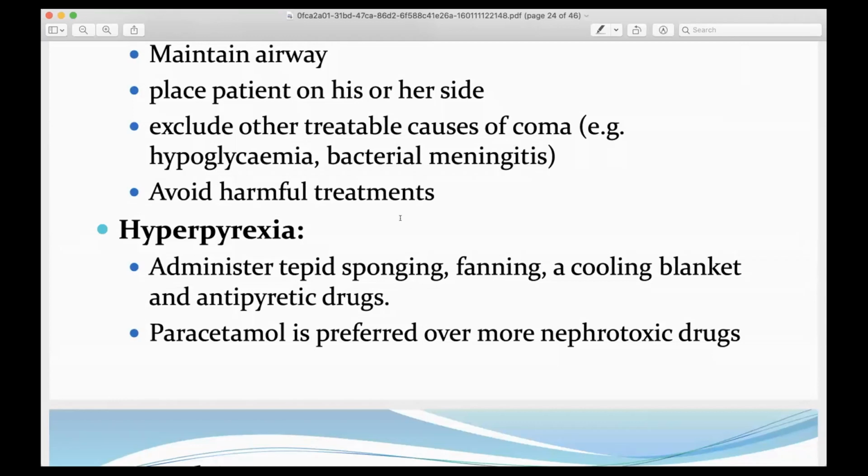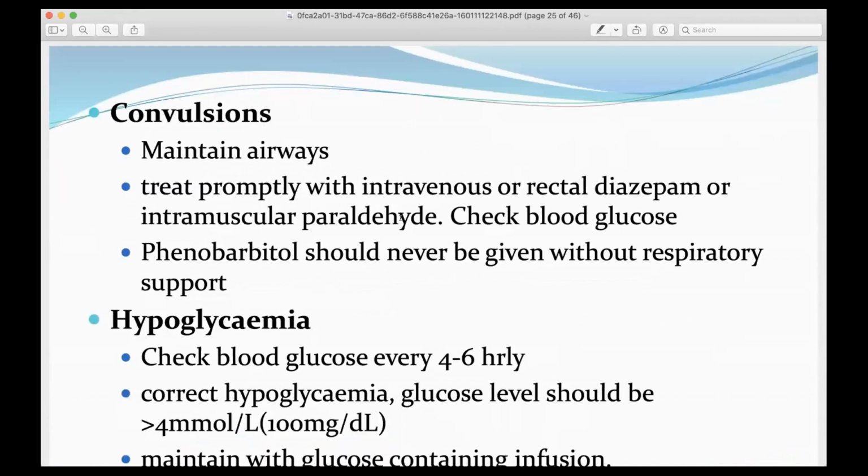You can also give a cold water bath to a hyperpyrexic malarial patient, because if the temperature is beyond a certain level, all enzymatic activity becomes hampered, causing severe acidosis and collapse of the cardiovascular system. So you have to be very careful about that.